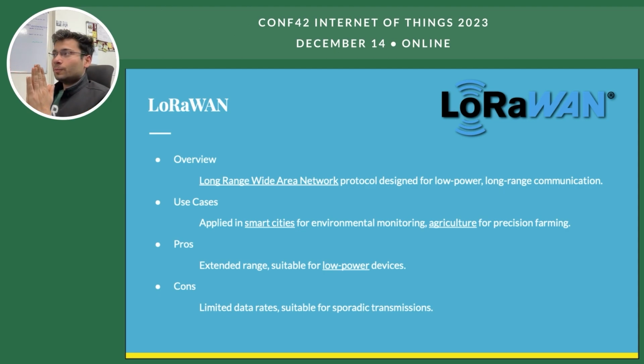Any sensor you place in that 5 kilometer range will have access to your private network. The most important advantage of LoRaWAN is that it requires a very low amount of electricity. So sensors which are, let's say, battery operated can run for 5, 6, or 8 years without any interference.